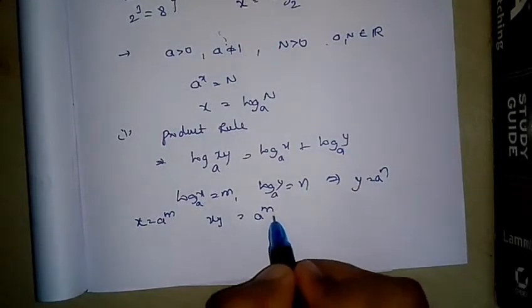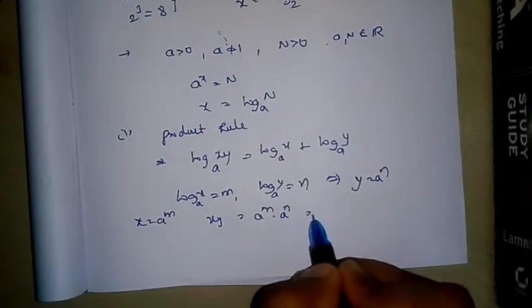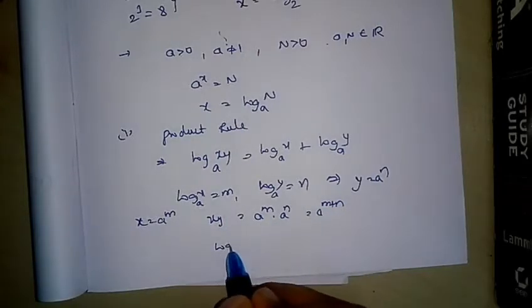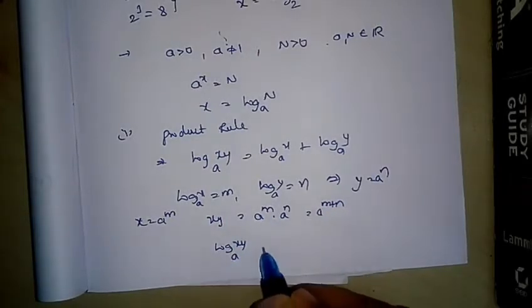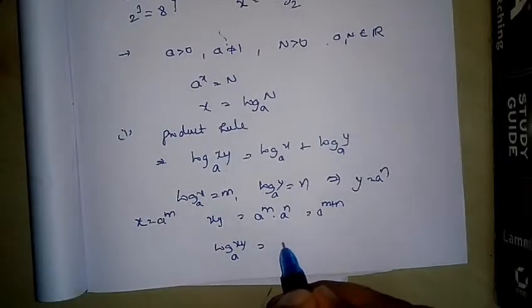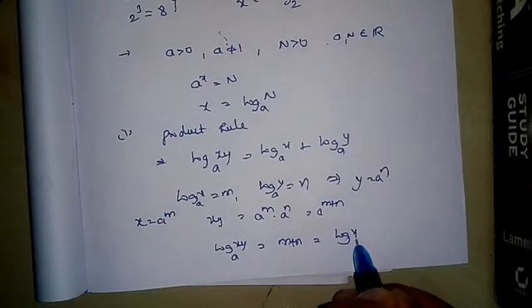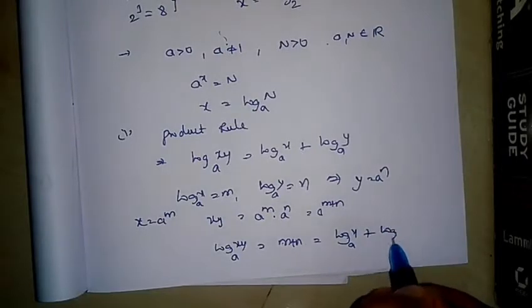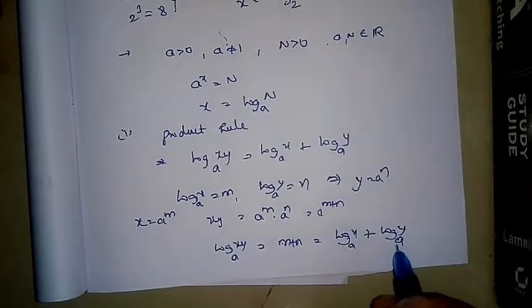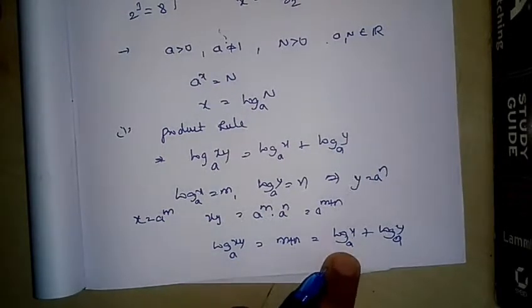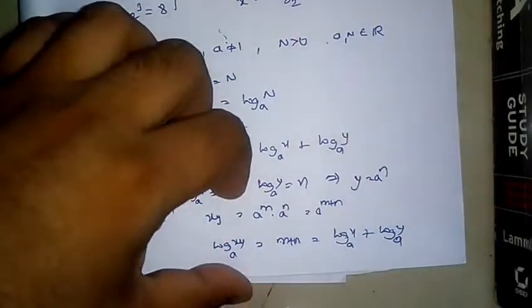Xy is equal to a power m into a power n, which is equal to a power m plus n. Apply log on both sides. Log xy to the base a is equal to m plus n. M is equal to log x base a plus log y base a. Understood? So log xy to the base a is equal to log x base a plus log y base a.